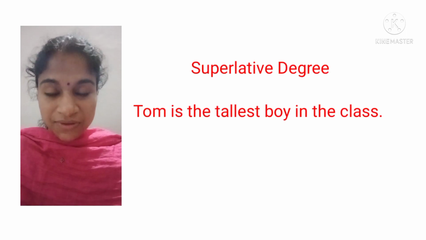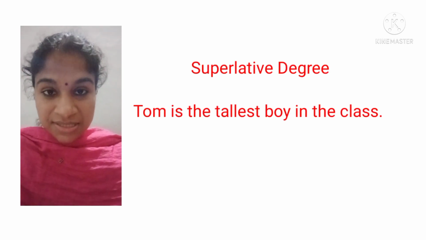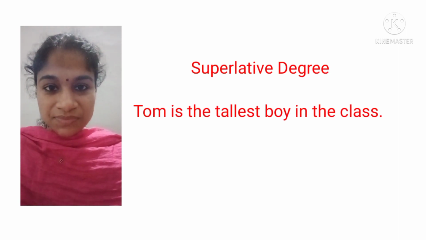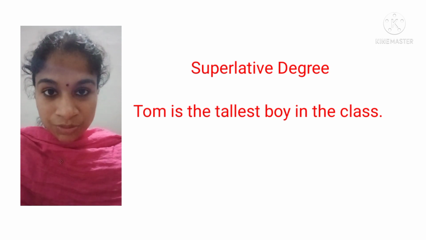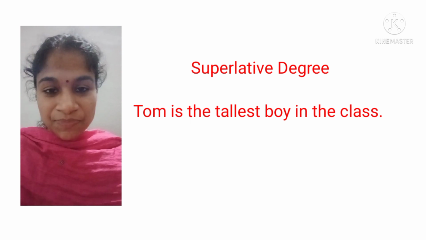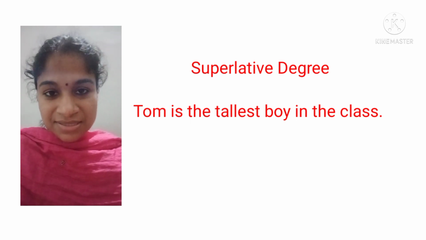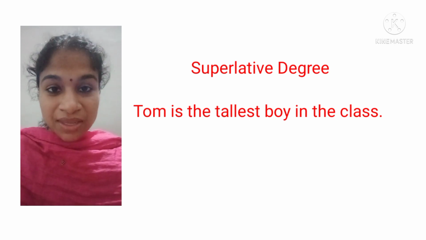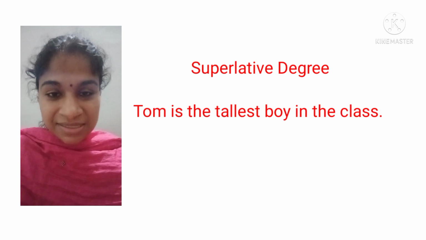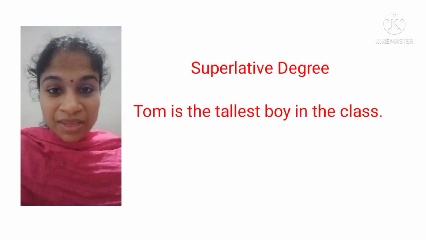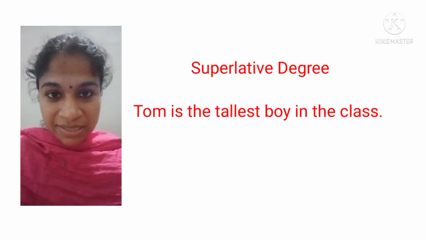The superlative degree is the highest degree of the quality. It is used to show the highest form of an adjective. For example, Tom is the tallest boy in the class. In this sentence, tallest is the superlative degree of comparison.